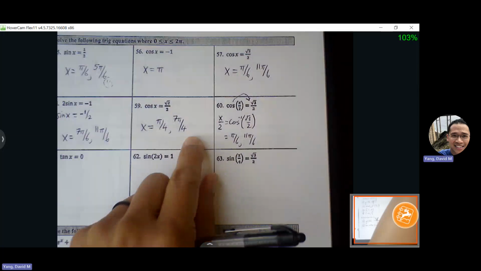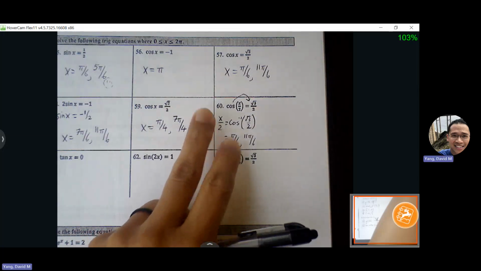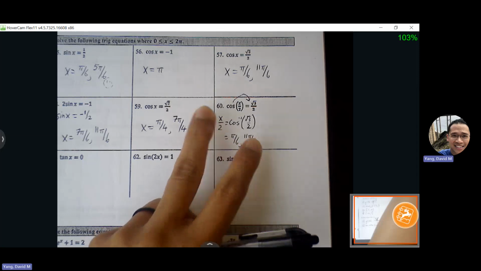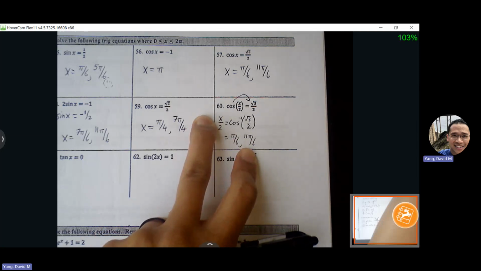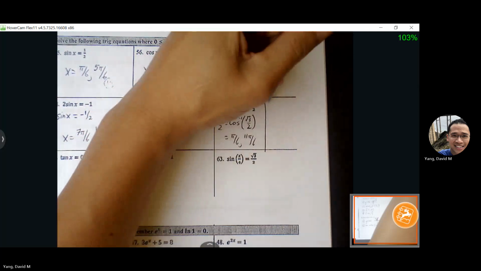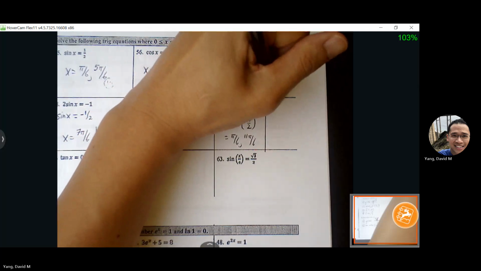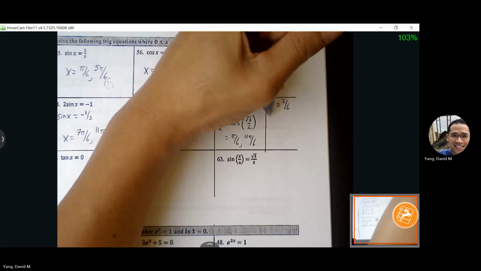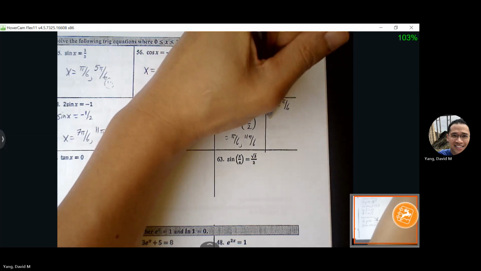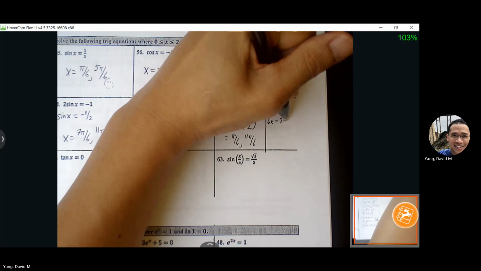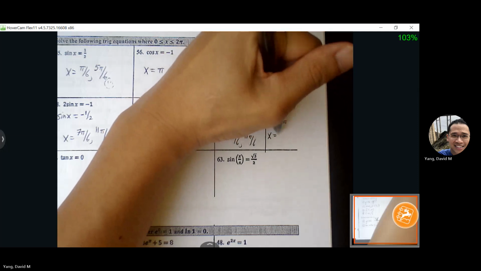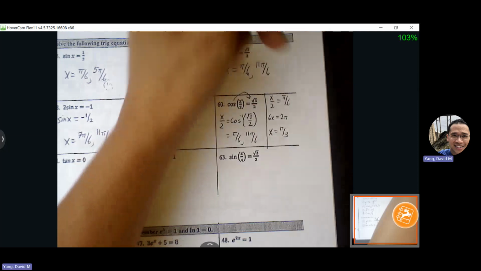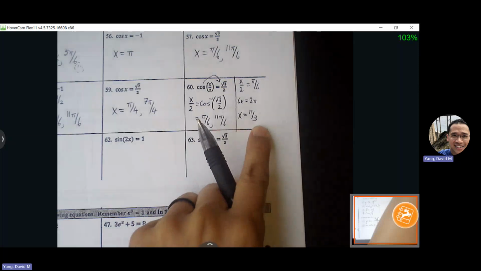So now I'm just going to set up my equations twice to solve for x. I'm going to set x over 2 equal to pi over 6 and solve for x, and then set x over 2 equal to 11 pi over 6 and solve for x. 2 pi over 6, same thing as pi over 3.